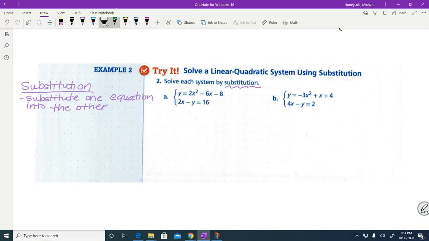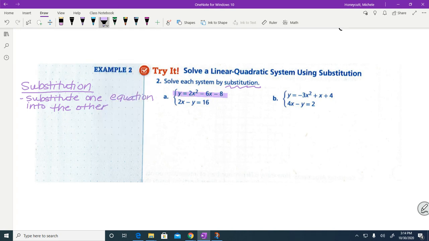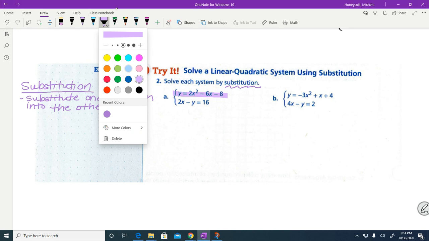So let me color coordinate these. Let me make my top one purple, so I'm going to highlight the top one purple. And I'm going to highlight the bottom one blue.